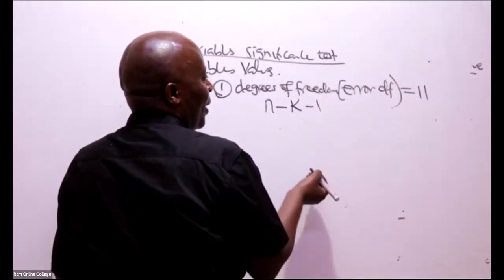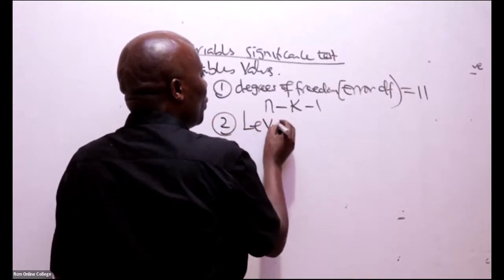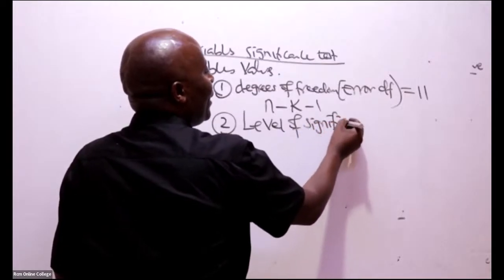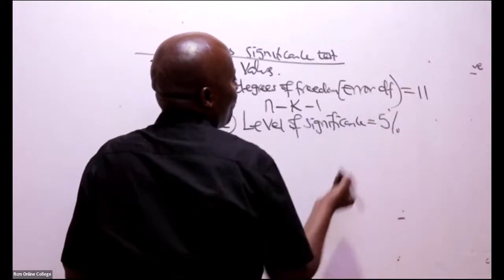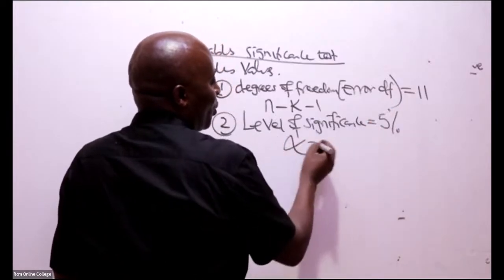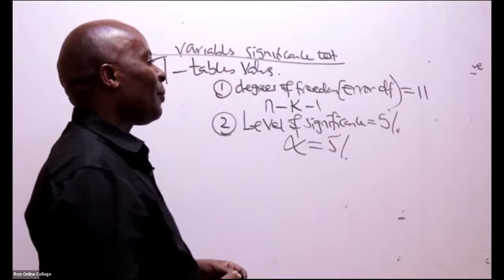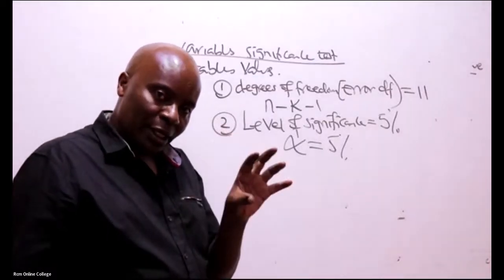And then number two, I need the level of significance, which in this case is 5%. Those are the two items that I need to be able to read the T tables value.